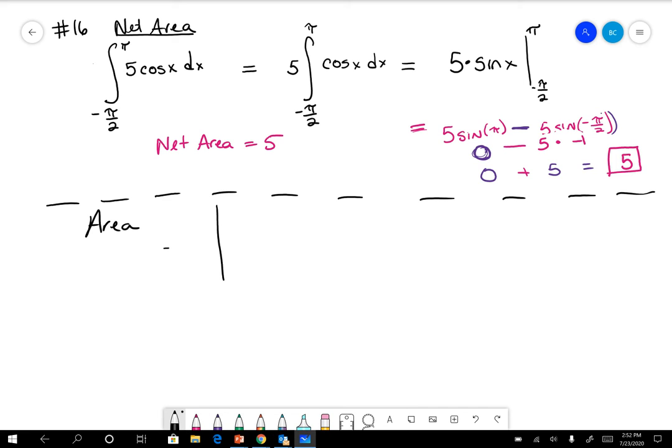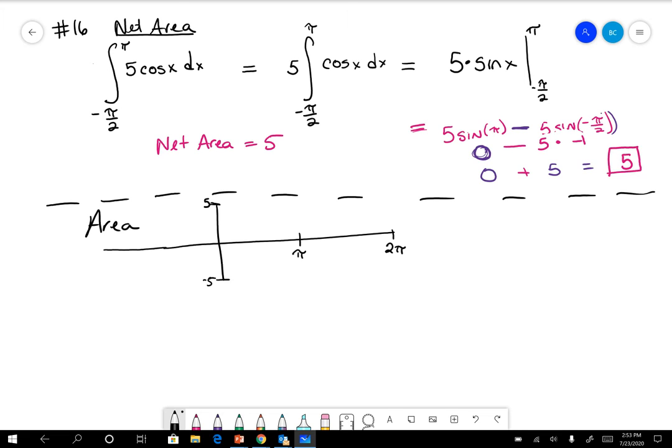So if you remember how to sketch a cosine graph, cosine is going to start up here, and it depends on how you do it. You can use a graphing calculator if you want. Just make sure you know your periods.